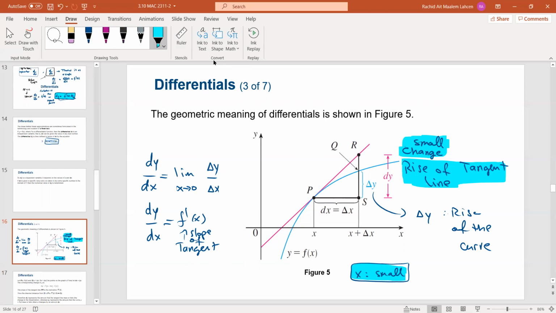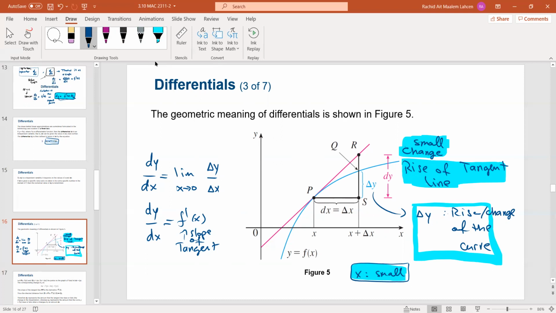But delta y is more the rise or the change of the curve. So that's the difference between the two. The delta y is more the change of the curve, and so now everything should connect and make sense.